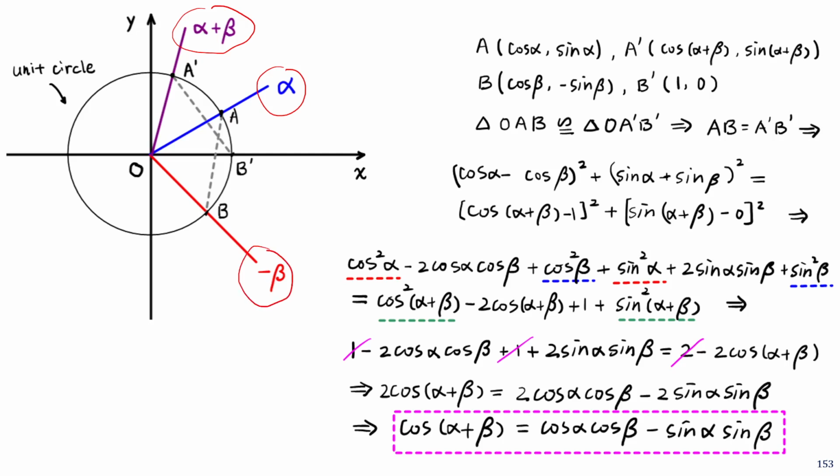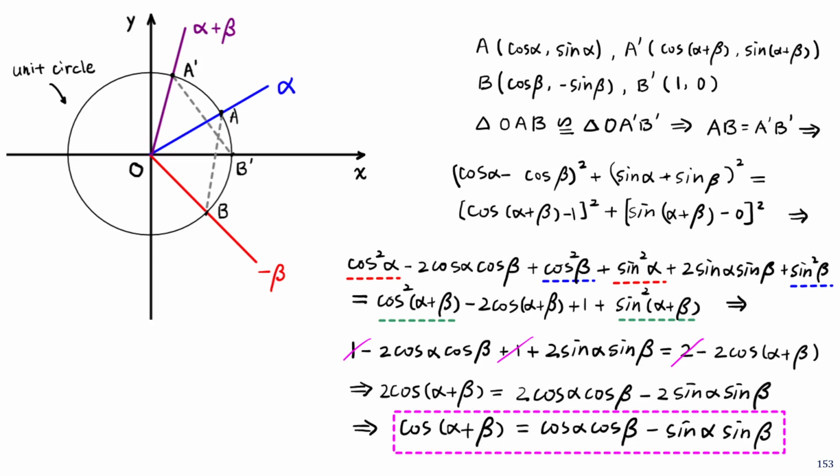Then we draw a unit circle and let the points of intersection become A prime, B, and B prime respectively. Then connect A, B, and A prime, B prime. You follow me? Then we can easily write the coordinates for point A. The coordinate for point A is cosine alpha, sine alpha.